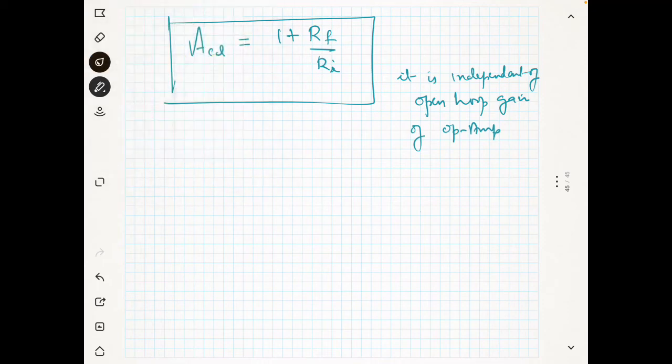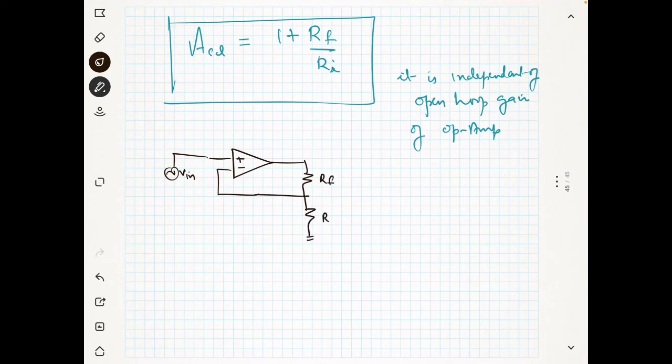So what I am going to say is that you have something plus minus. Okay, I will write it. You have the circuit plus minus and you are giving the input here V in, and this is your feedback. You see there are two resistances. This is Rf and another one is Ri, and this is your Vf.